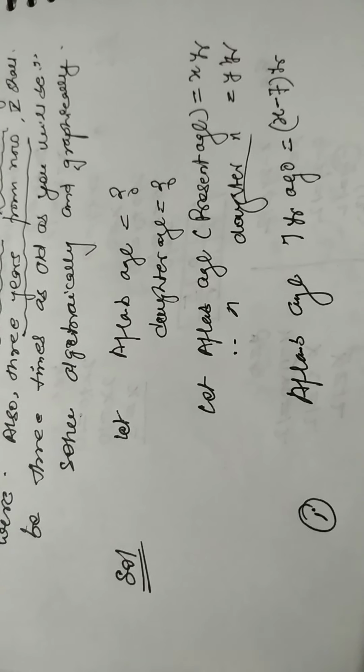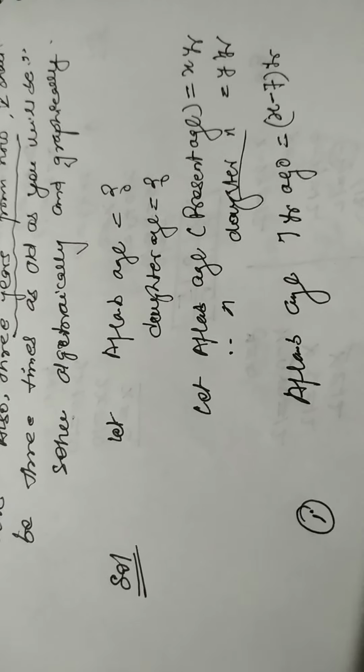If Aftab is 7 years less than today, obviously his daughter is also 7 years less than today. Today she is y years, so 7 years ago her age was y minus 7 years.